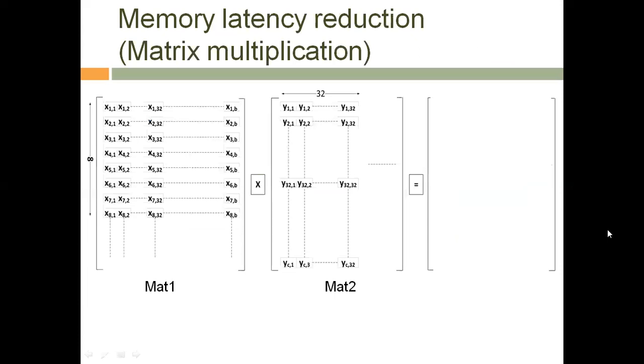And then, in order to perform matrix multiplication, we always have mat1 and mat2. For mat1, we start by reading a sub-matrix 8 by 32 and store this sub-matrix on the chip, and then start to read the first chunk of mat2 and do the multiplication of the first column of submatrix 1 and the first chunk of matrix 2.